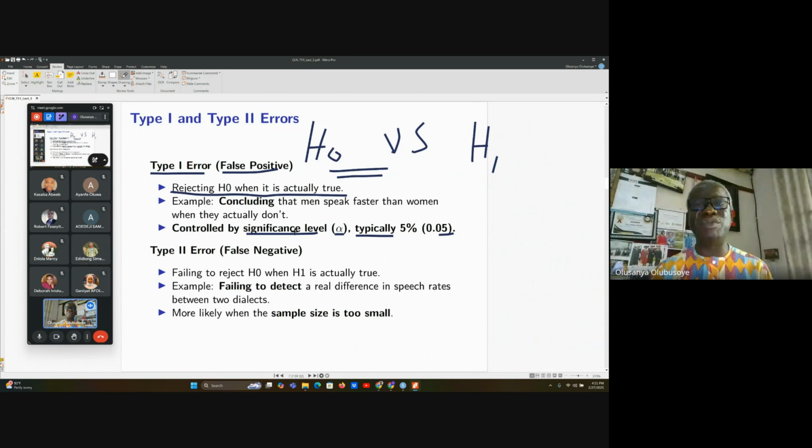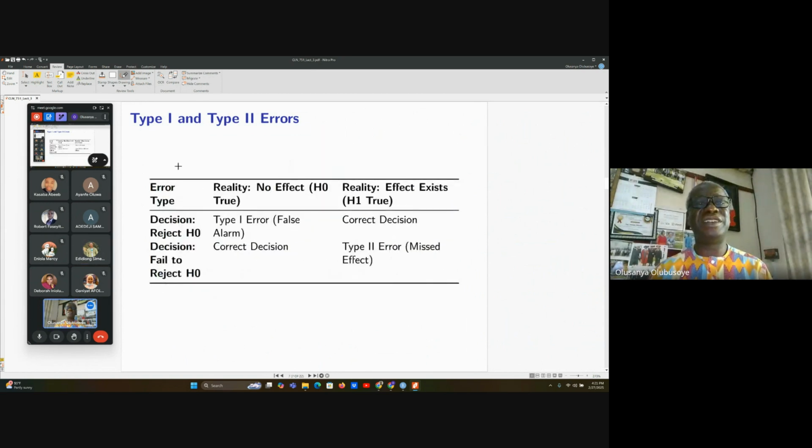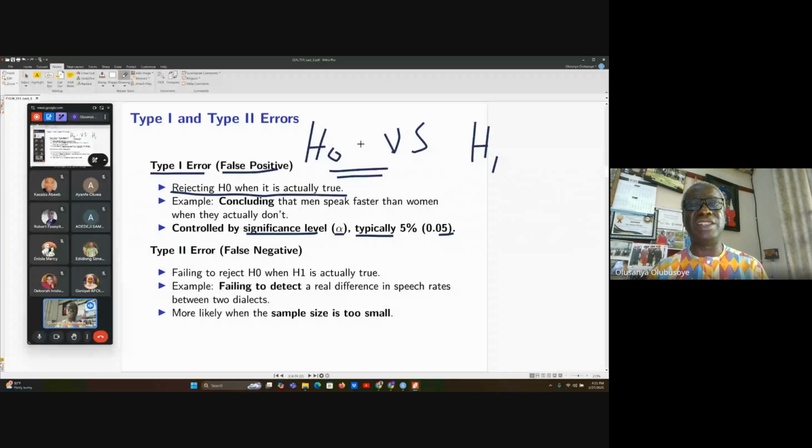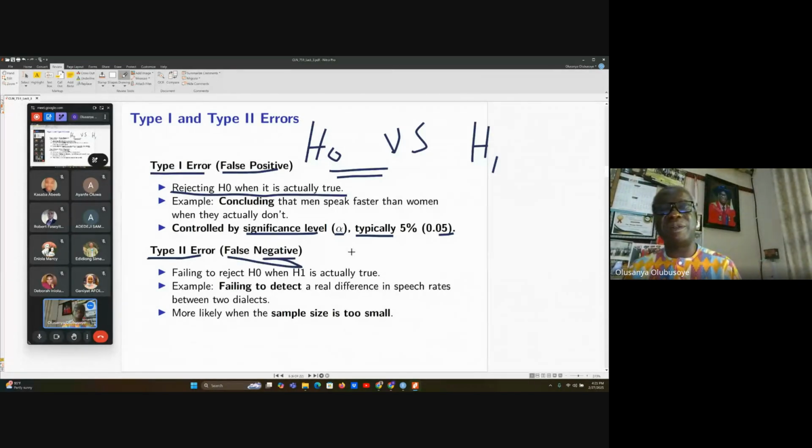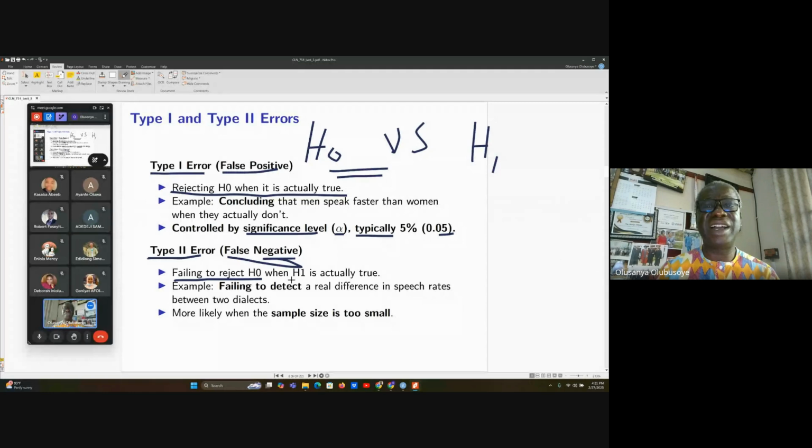In fact, this table will show you the difference between type 1 and type 2 errors. But we will come to that. The type 2 error is called a false negative. It is the error you commit when you fail to reject the null when it's actually true.